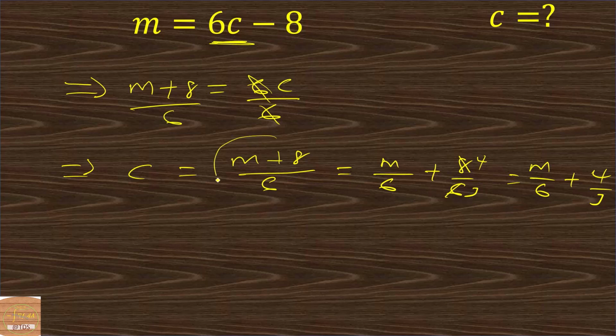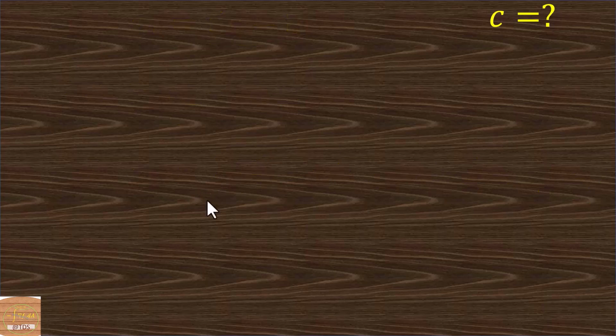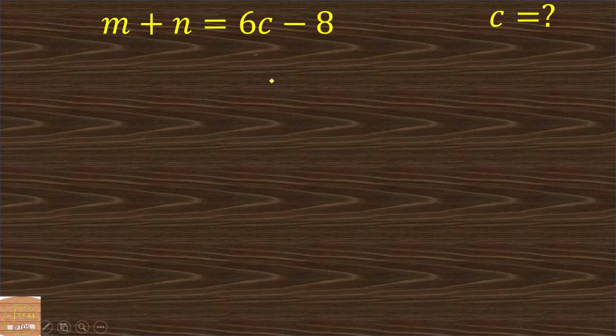Okay, so you can leave it like this, or you can probe further if you want to. All right, so let's look at the next example. Okay, so we have to make c the subject here. So you can try this.